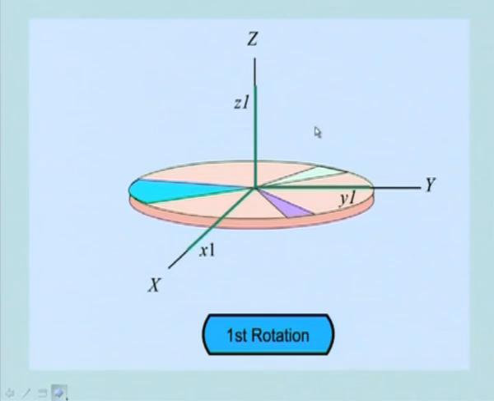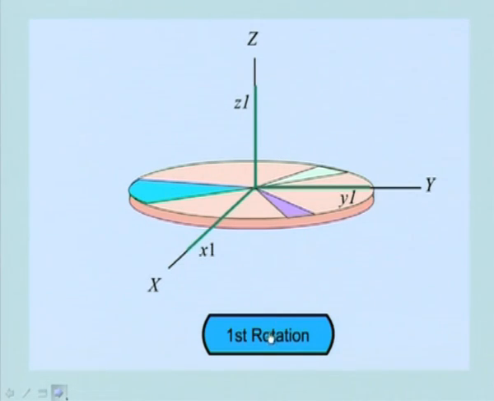The resulting coordinate system is labeled x2, y2 and z2. The z2 axis is the same as the z1 axis. So suppose you have a system x1, y1 and z1. Now you rotate, and this axis is the same as that one.